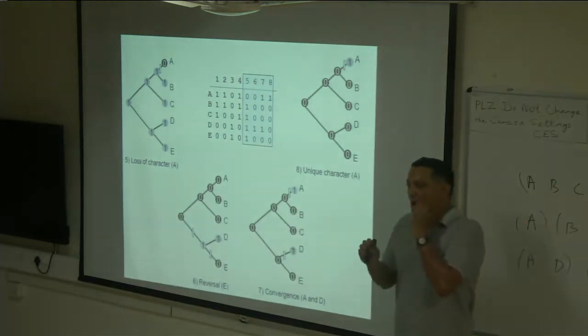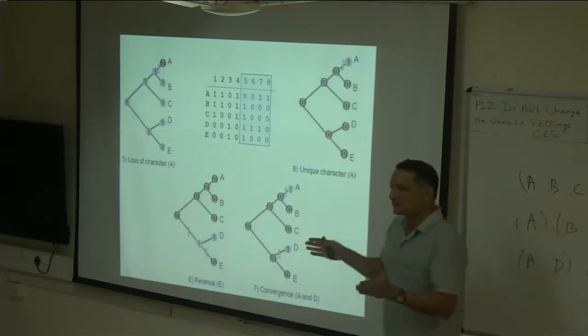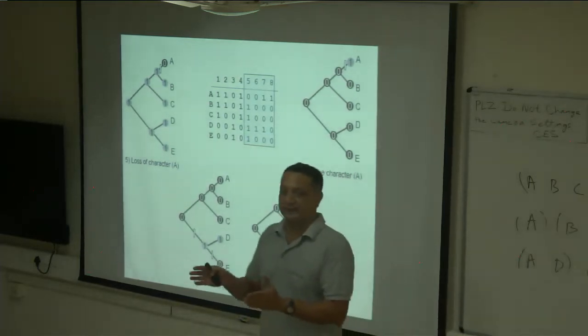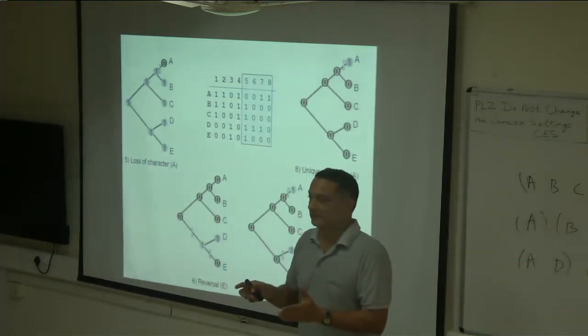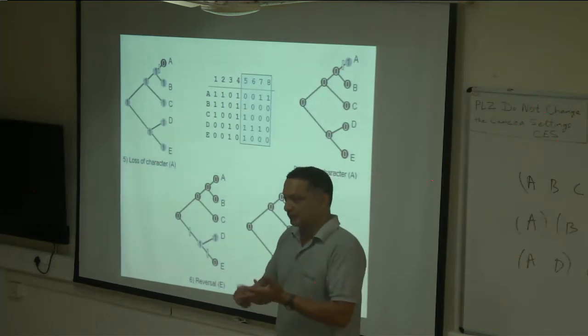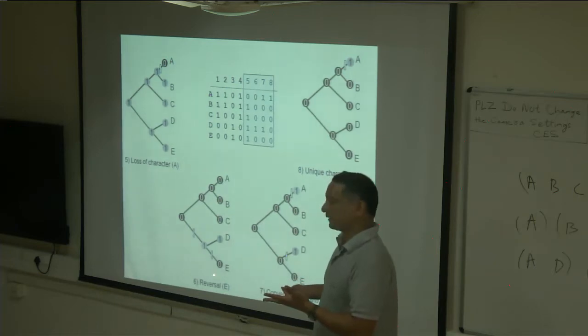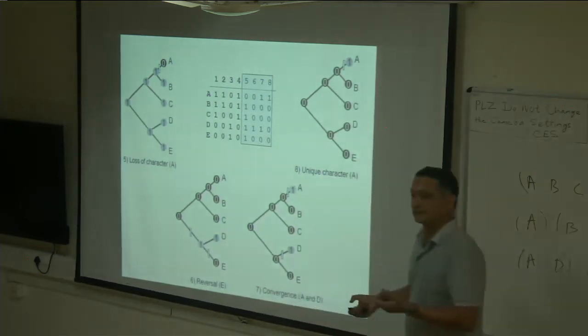Okay, so we have now discussed at least 5 different categories of characters. Synapomorphies, unique characters, you can have a loss of character, you can have reversal, and you have convergence.